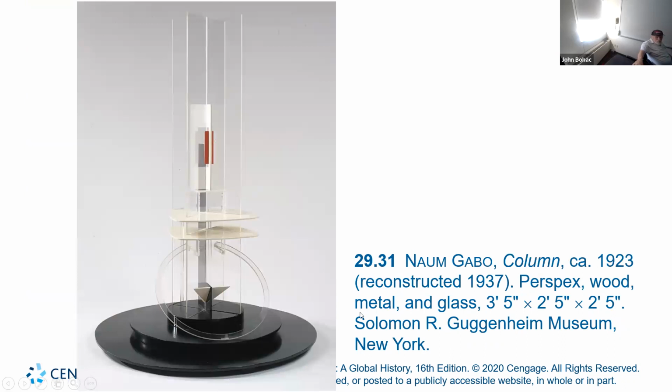Column, 1923. This is actually metal and glass. The wood is on the bottom, and this Perspex is a kind of plastic that's here. And again, very abstract sculpture, and in its own way it celebrates a lot of the new materials that are being invented at the turn of the century.